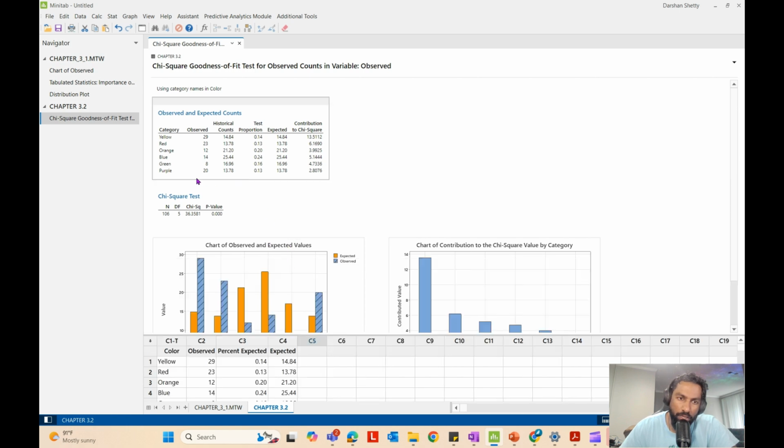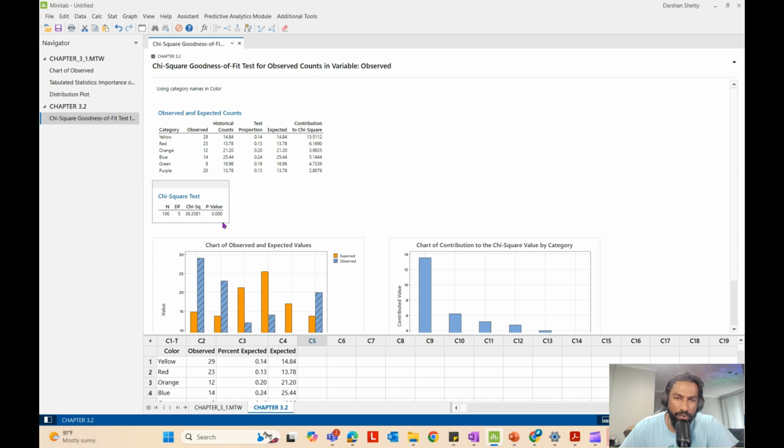So here we've gotten the chi-square test results. Degree of freedom is 5 since we had 6 categories. Total is 106. The chi-square test value was 36.35 and the p-value was 0.